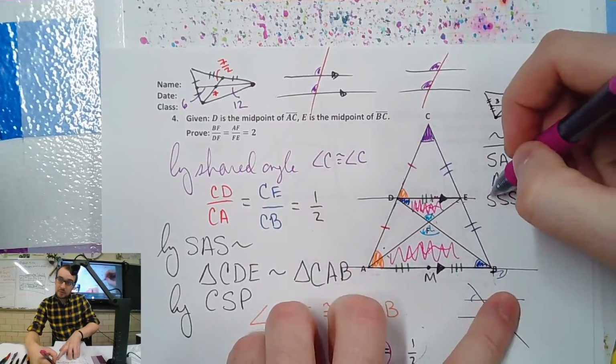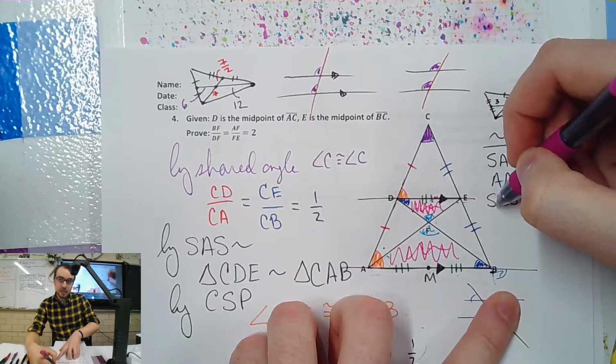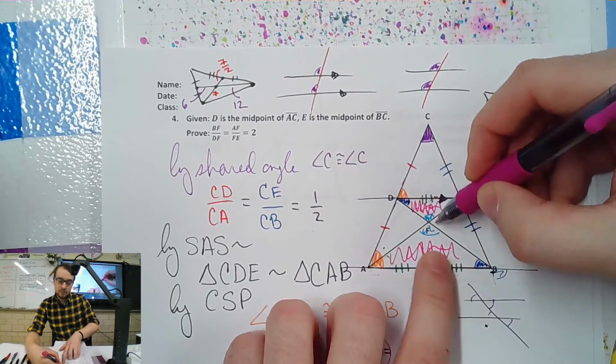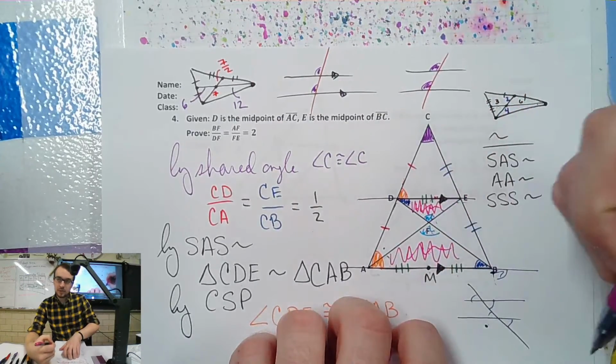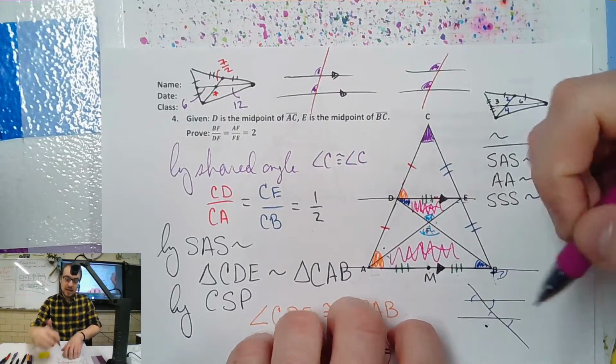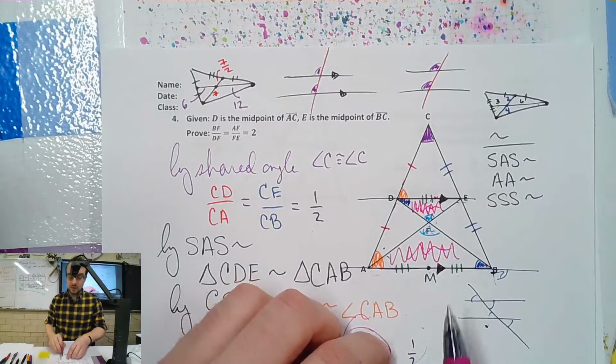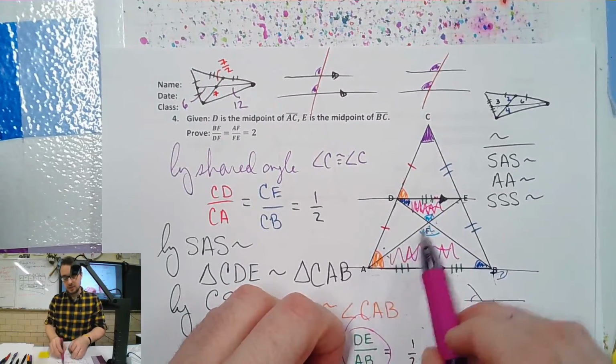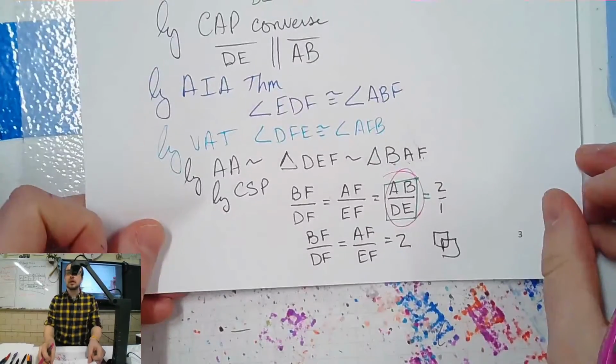I said those must be parallel, like corresponding angles postulate converse, right? Which means these must be alternate interior. By vertical angles, I've got 2 angles for those pink triangles, so now they're similar. If they're similar, their parts should all be the same. So if that's double of this, then this should be double of that, and that should be double of this. And that's what I wrote down here.